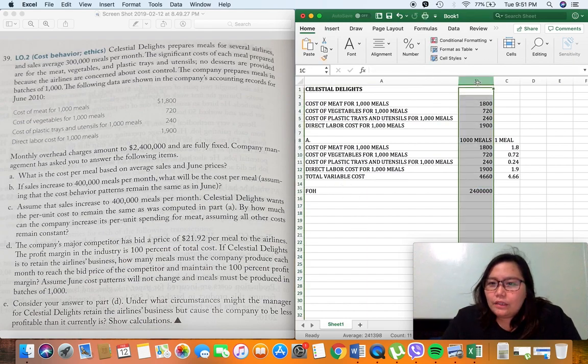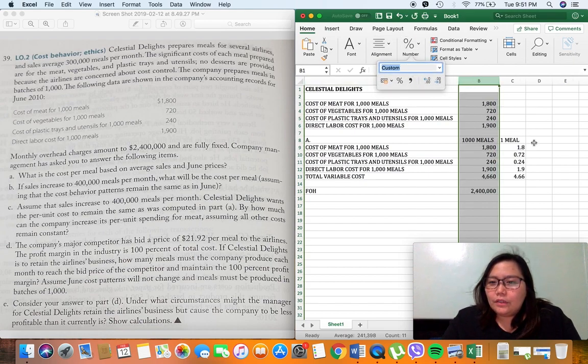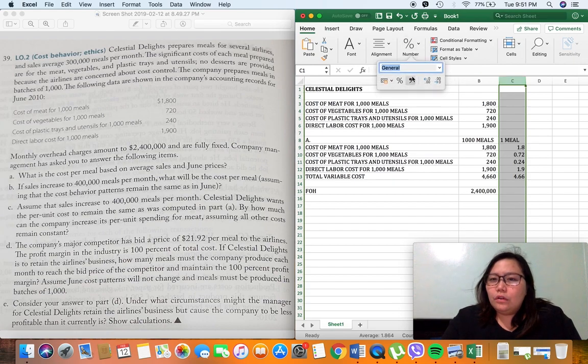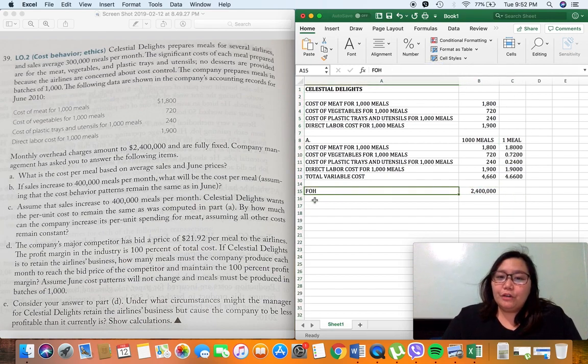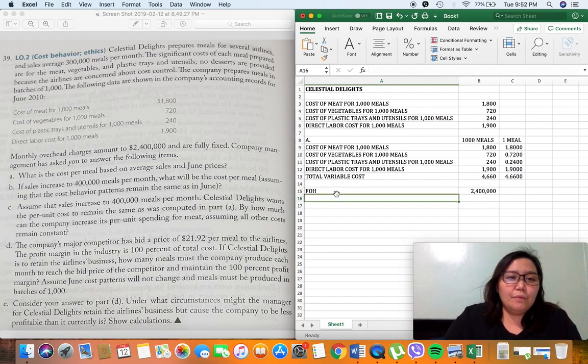So for a while, ayusin lang natin yung format. This one too. Okay. So, as mentioned earlier, 4 decimal places tayo, as we have discussed. So we have 2.4 million. This is our factory overhead. And we will allocate this over the sales average of 300,000 meals per month.